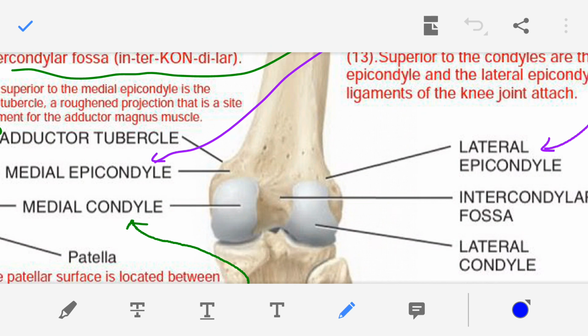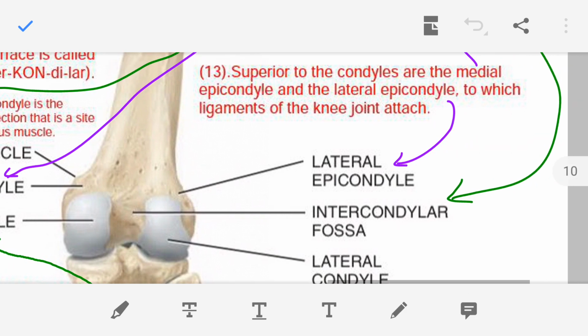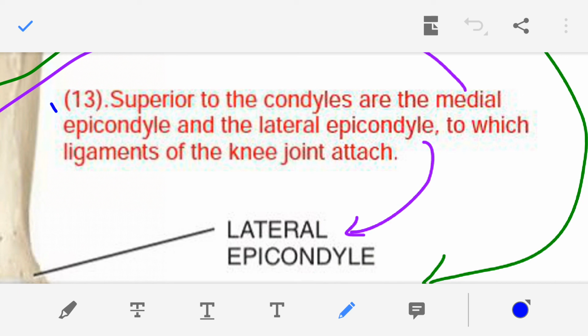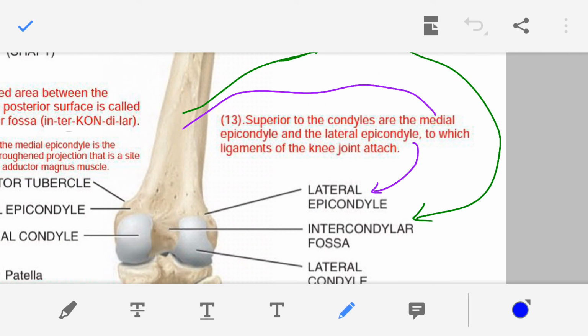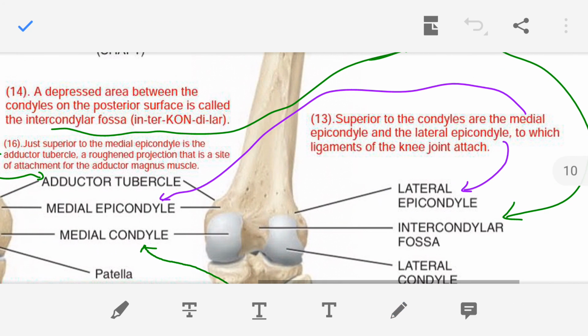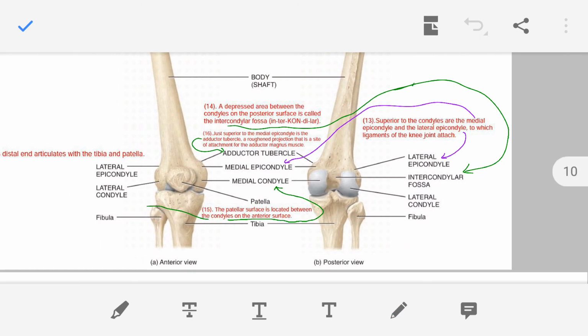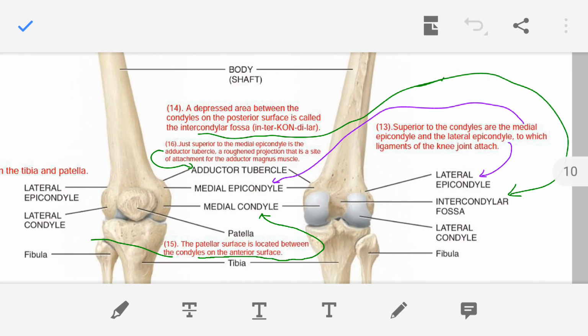So with this the ligament joins, and with this the ligament joins, for the knee joint. So point number 13, lateral epicondyle and medial epicondyle. Now moving on, point number 14.